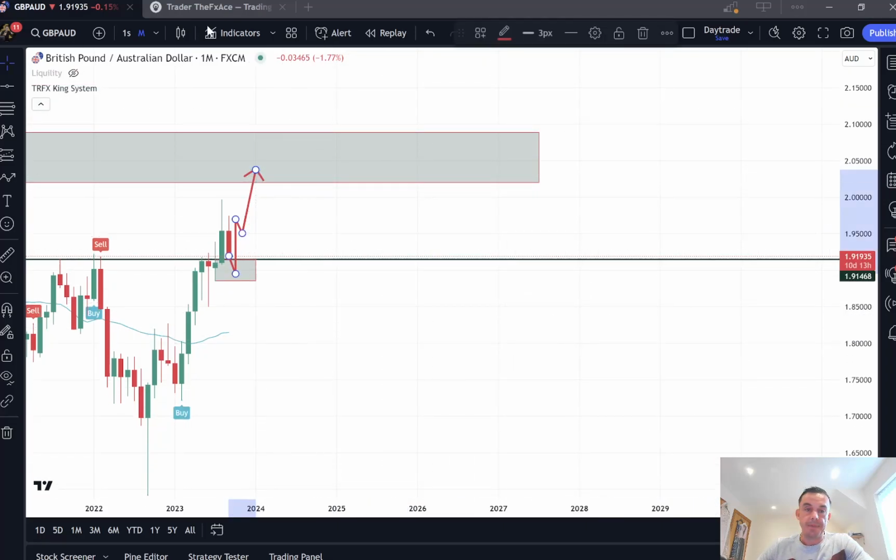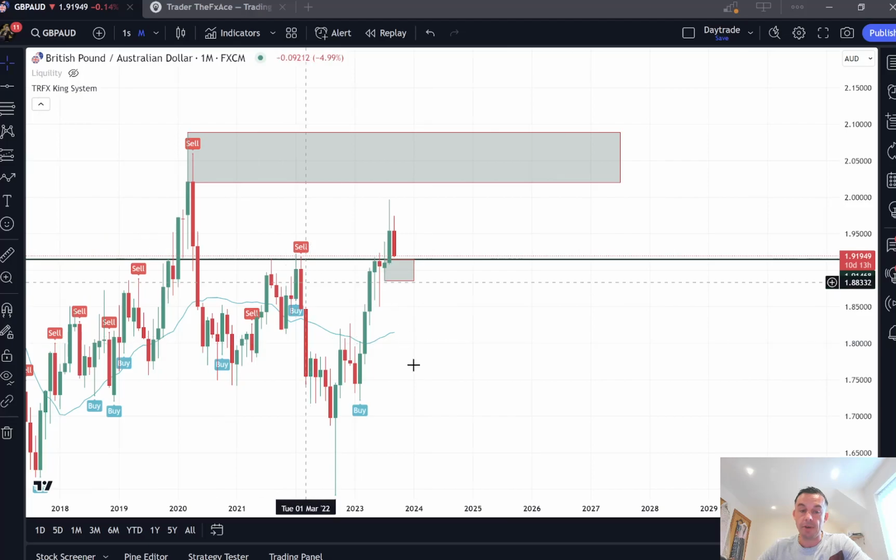Very basic setup, just waiting for the move into this green box area. Could go down lower, could just break straight down through. We will see. If we get a monthly close back under this previous resistance, it could be just a false breakout for the market to move lower.